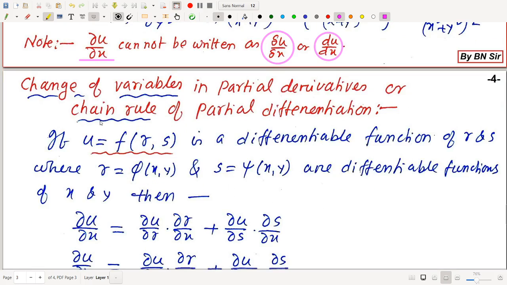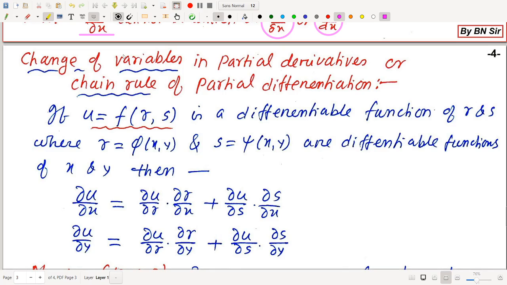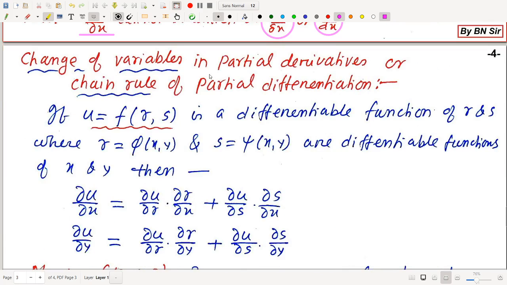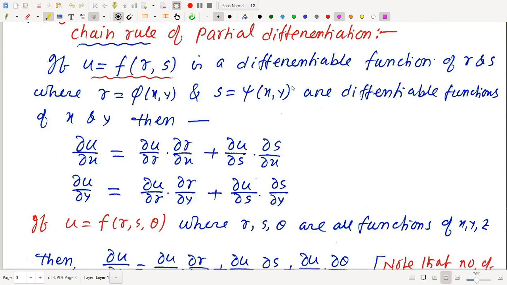Okay, now change of variables in partial derivatives, or the chain rule of partial differentiation. For the chain rule of differentiation in the ordinary case, we know, and we have applied it here also, while finding ∂/∂x of 1 by (x² + y²): minus 1 by (x² + y²) whole squared into the derivative of the denominator, again meaning 2x. So we applied the chain rule, but for partial differentiation the chain rule is also there for functions of two or more variables.